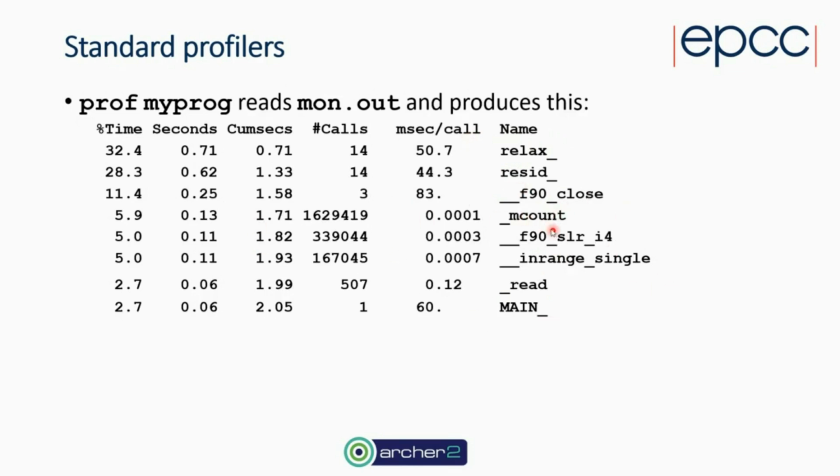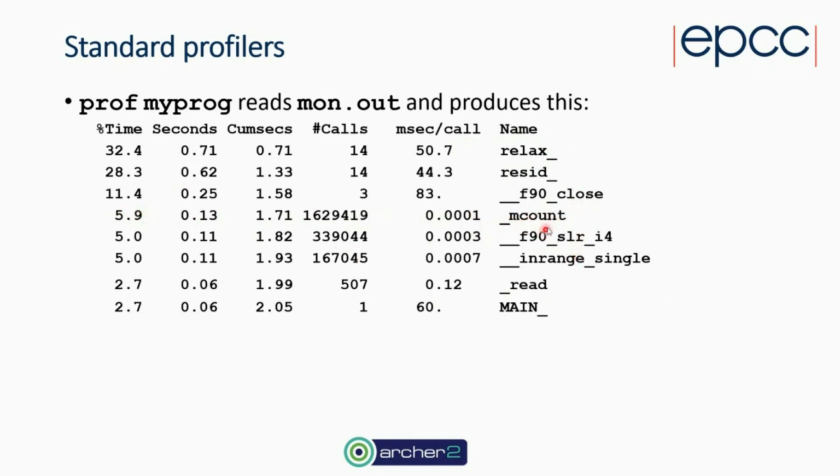And then there are other things in here. We can see this thing called mcount appears, and it's called 1.6 million times. This is the function that the compiler puts in to do the profiling. So we can see that the profiling added about a 5% overhead on my run.